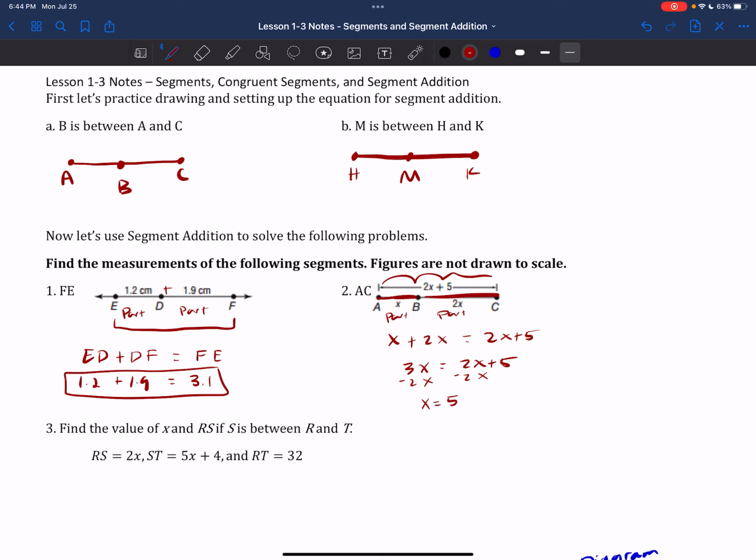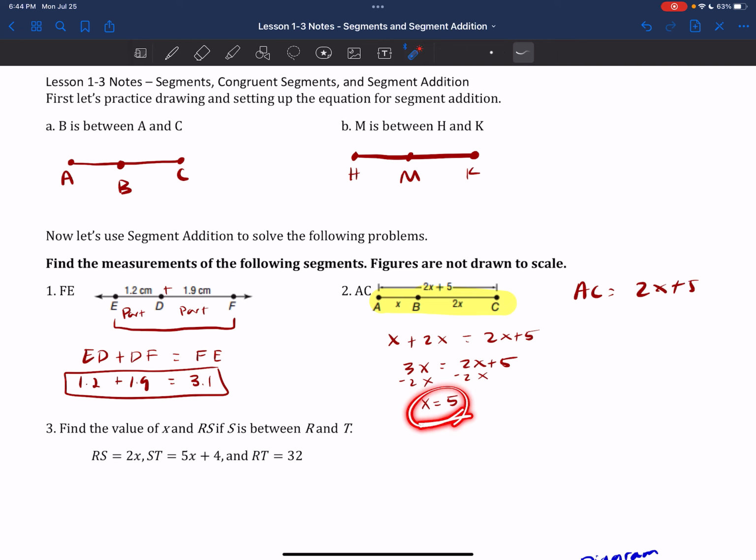Okay, let's go ahead and read the directions once more. It says, find AC. What did we just find? Well, we only figured out what x is. We didn't figure out what AC is. So all I have to do is go back and figure out where AC is. AC is this whole thing here, which is 2x plus 5. And notice that AC has this 2x plus 5, and I have this x here.